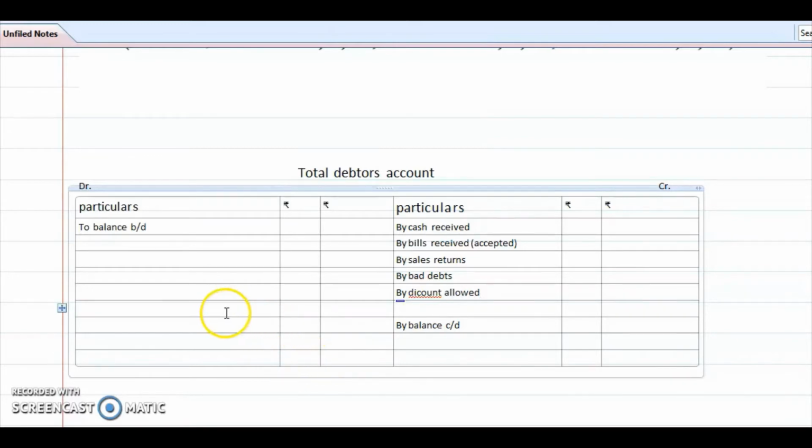If you take the debit side, what are the items that will come?